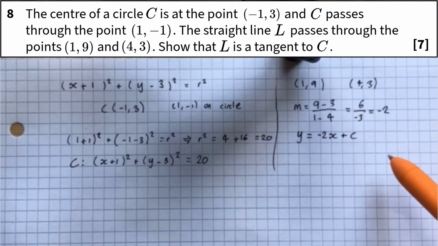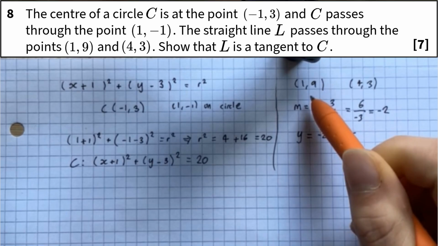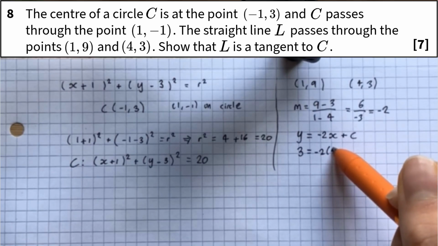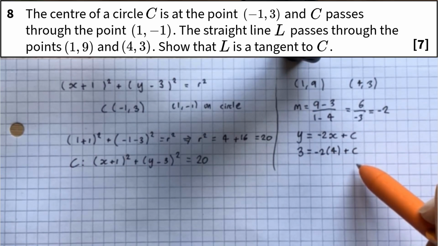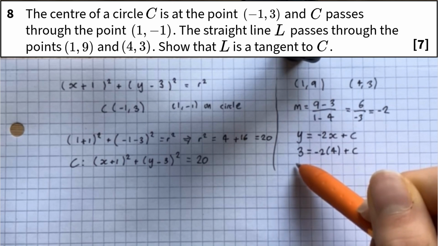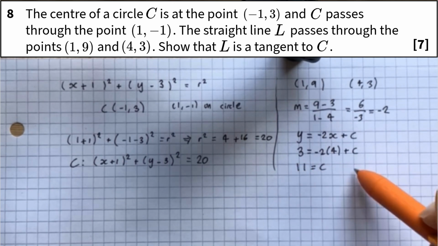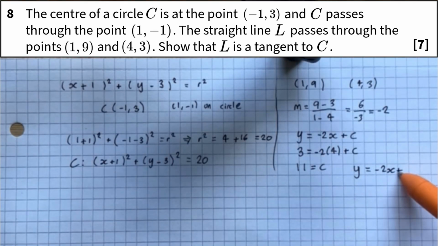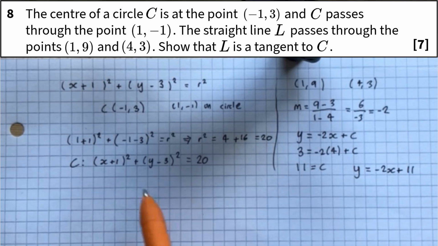We don't know what c is, but that's okay. We've got 2 points. We can sub one of them in. I'll sub in 4, 3. So this will help find c. I'm going to add 8 to both sides. c is going to be 11. So y is minus 2x plus 11.